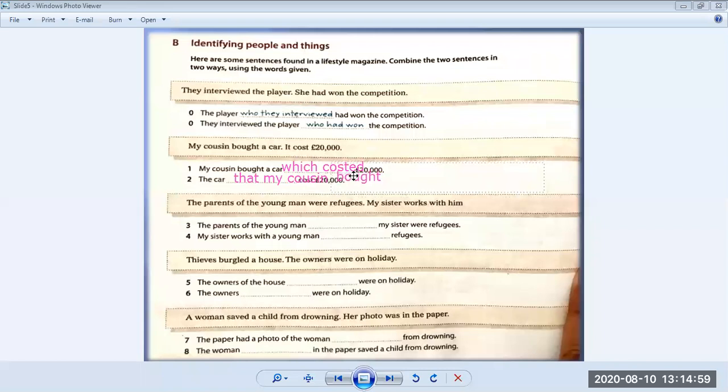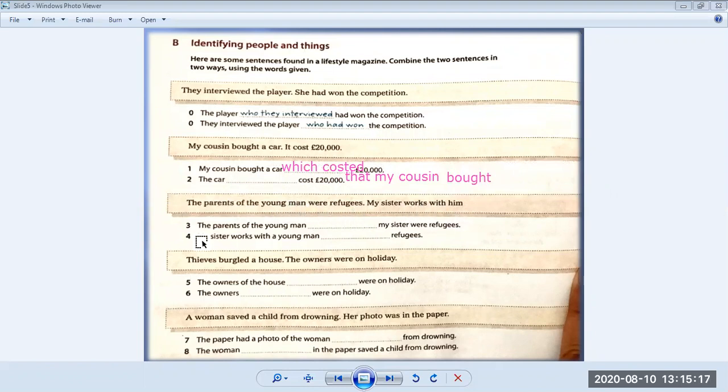Okay, so could you put them together like this? Or maybe I'll put them outside because it's not that clear. The car that my cousin bought cost 20,000 pounds.